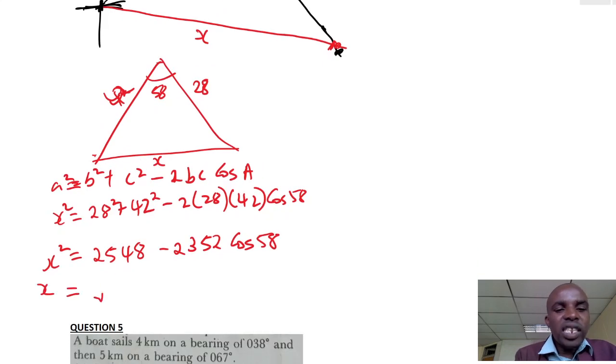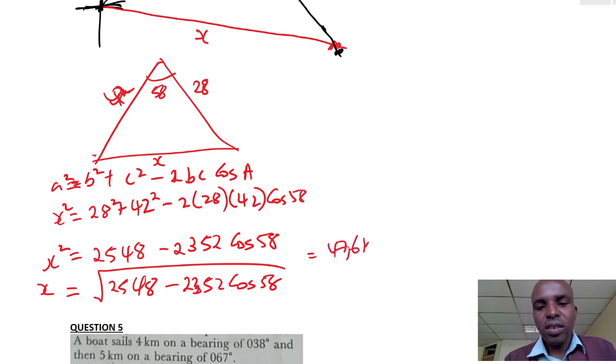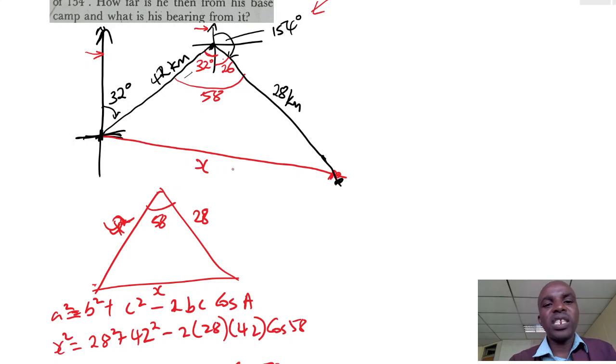To find my x, I just put the square root of 2548 minus 2352 cos 58. This will give you 47.6. And these are kilometers. So x is 47.6 kilometers.